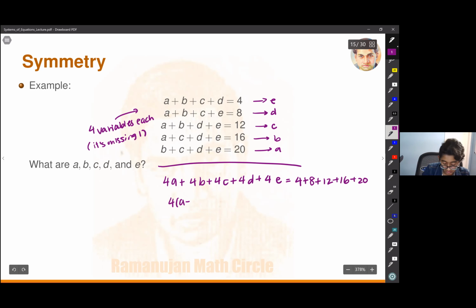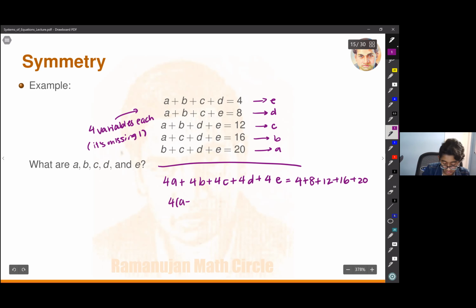So our right-hand side would be 60. And we're going to divide both sides by 4. So what we get out of it would be a plus b plus c plus d plus e is equal to 15. How is this useful? Looks completely useless. Maybe let's work it out.